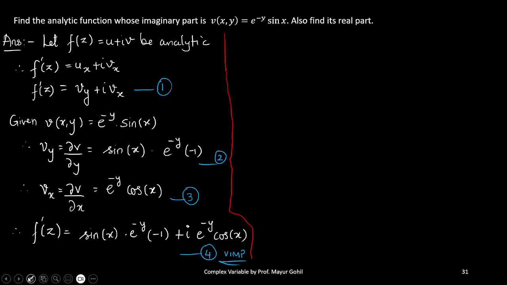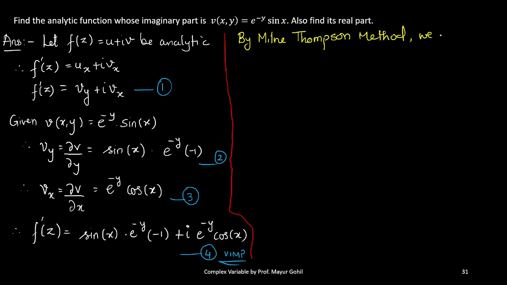Now by the Milne Thompson method, we put x equal to z and y equal to 0.